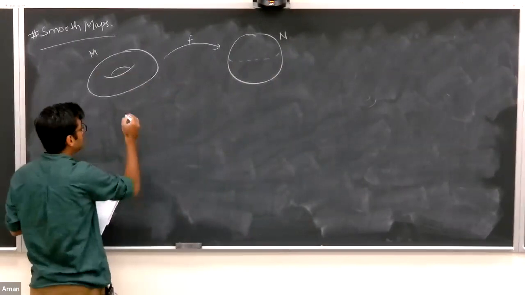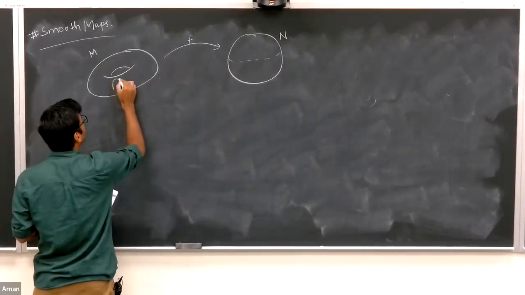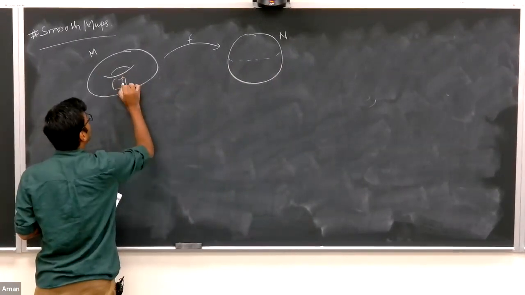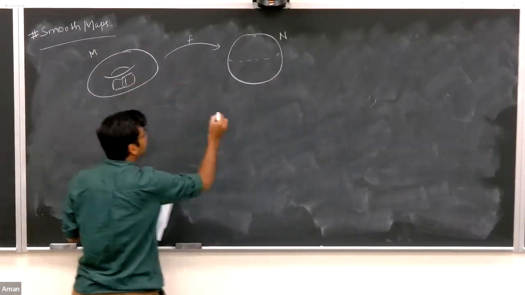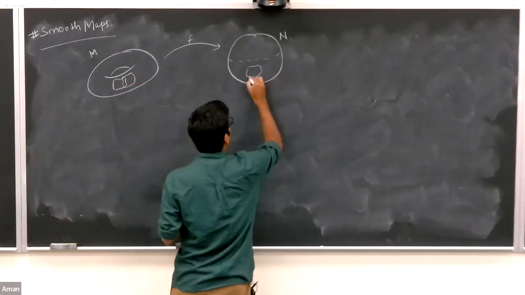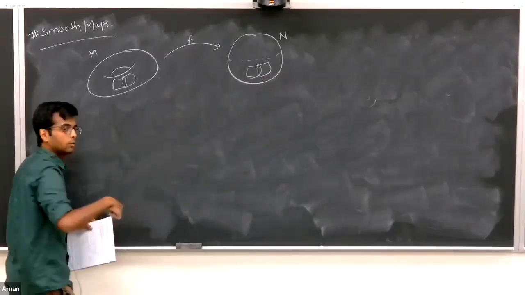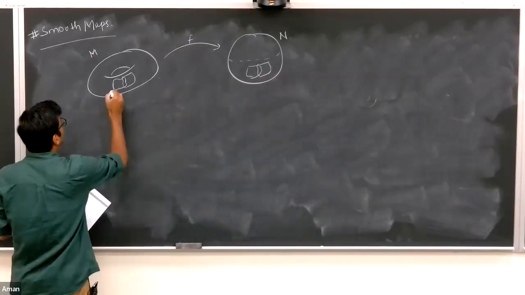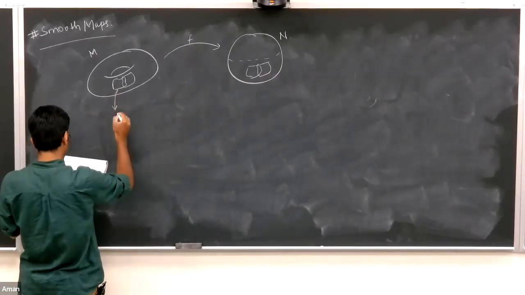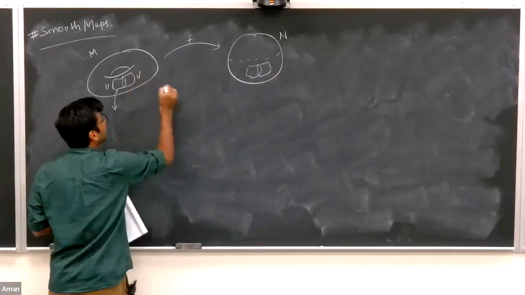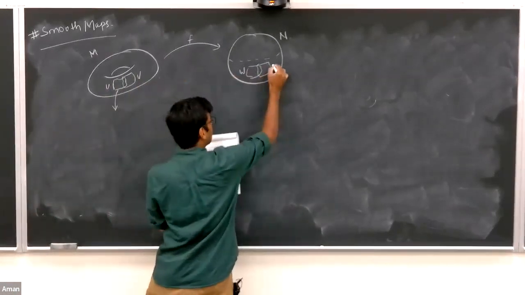And again, like we did before, let's find neighboring areas here, neighboring areas here, and project everything back to the Euclidean space using the respective maps. So use H, U, V, W.